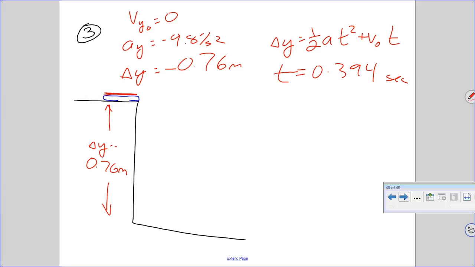All right? So here's what I want you to do. Imagine the piece of buttered toast. The blue side is the butter. If it falls and lands here, which way is it going to topple? The bad way, right? So how far did it rotate in that 0.394 seconds?